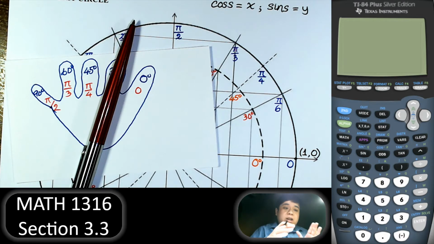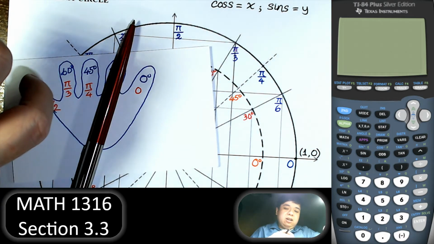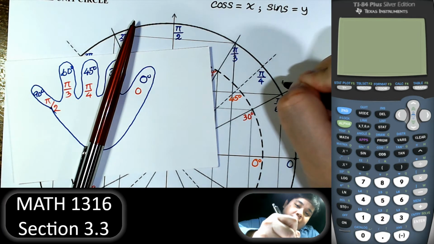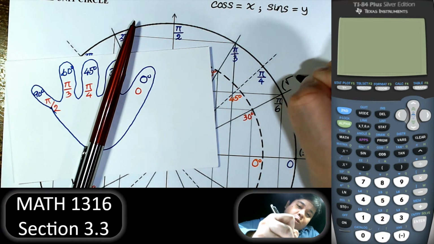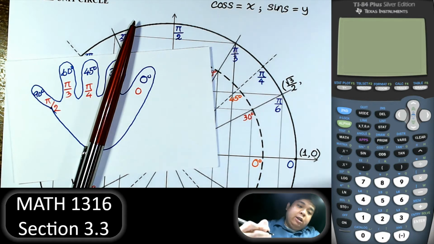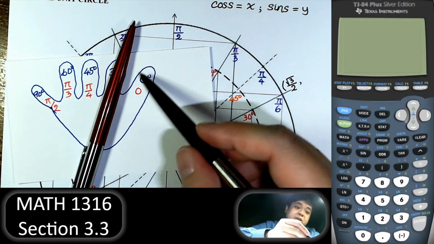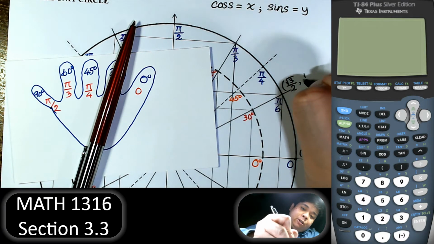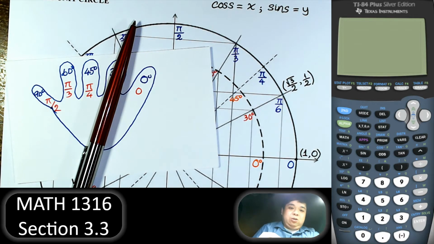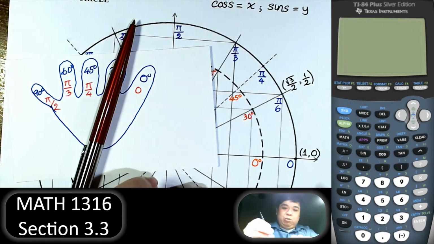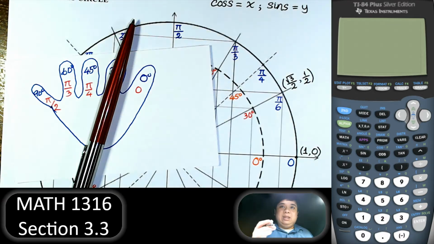And so cosine is the number of fingers on the left, square root of that divided by 2. So we have square root of 3 over 2. And then sine is the number of fingers on the right, square root of that divided by 2. So that's why we have cosine and sine on the left and right, x and y.